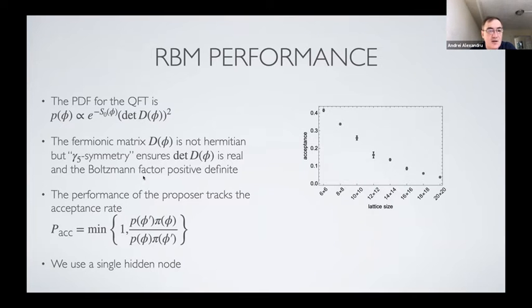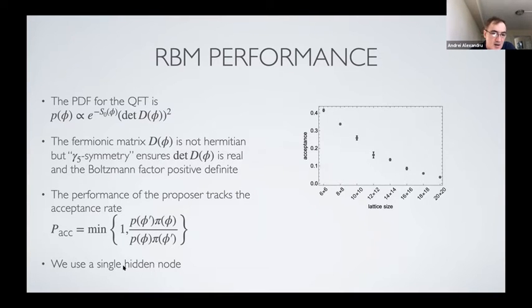We're using the determinant directly, and we can monitor what happens with the acceptance rate as a function of the volume of the lattice that we use. We used a single hidden node in our representation of the RBM. Of course, that could presumably be made better by increasing the complexity of the RBM. We found that if we use one or two nodes, things didn't change that dramatically.